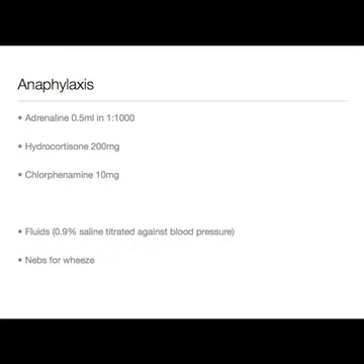You also want to give an antihistamine, and the one that's usually used is chlorphenamine, 10 milligrams IV. You also need to, of course, maintain blood pressure, and this is usually done using intravenous saline 0.9%, which is titrated against the blood pressure. Also remember, if there are any respiratory symptoms such as wheeze, you can give beta-2 agonists such as salbutamol.